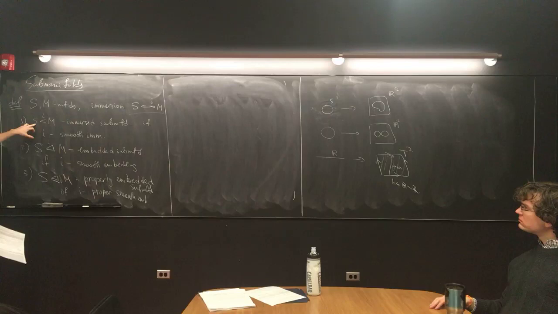So a continuous map pi from E onto M, where E is called the total space. This is called the base space, is a topological covering map.